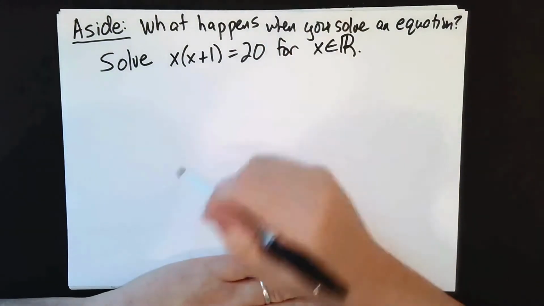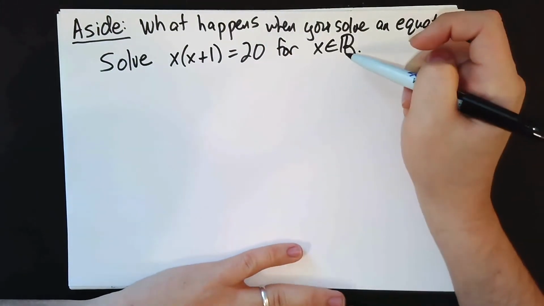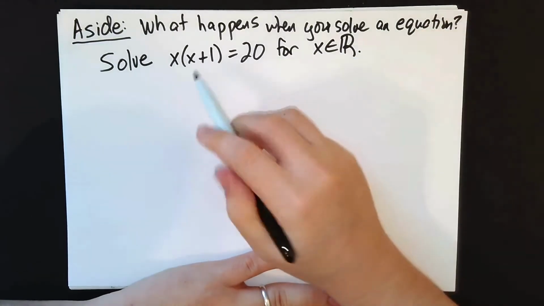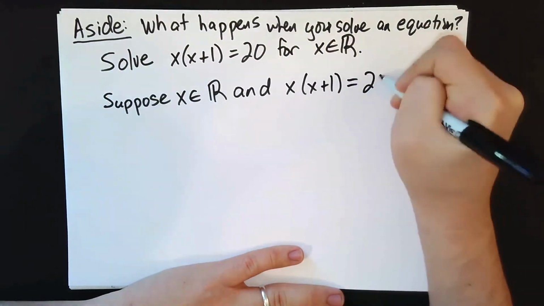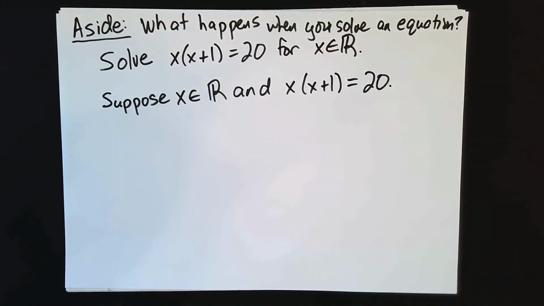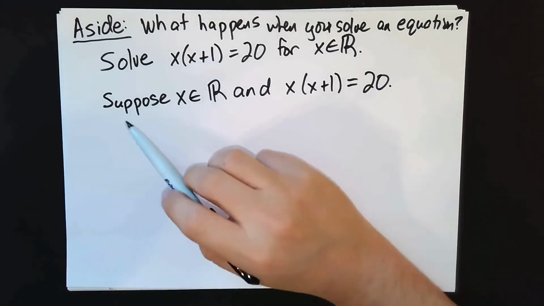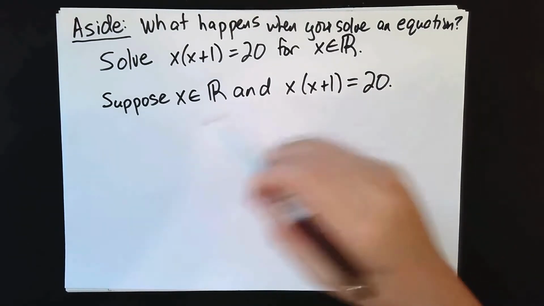Logically, what are we doing? Really, the first thing we're doing is we're supposing that x is such a solution. Now, this actually might seem a little bit backwards, but bear with me, this is going to explain some of the weird stuff you've seen happen with equations over the years. But let's start by supposing we have a solution.